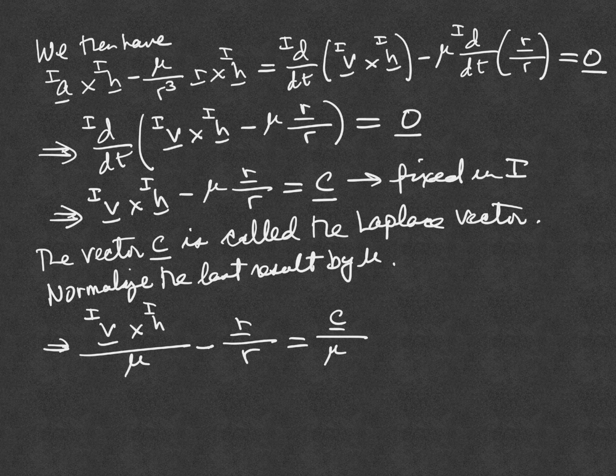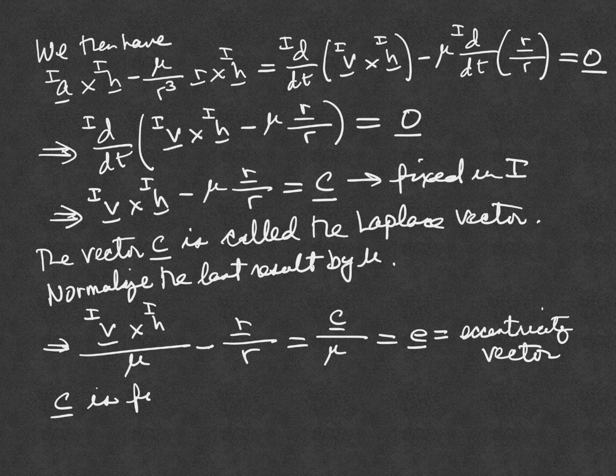And this quantity is defined as E, and it's what's known as the eccentricity vector. So C is fixed in I, and that implies that E is also fixed in I.